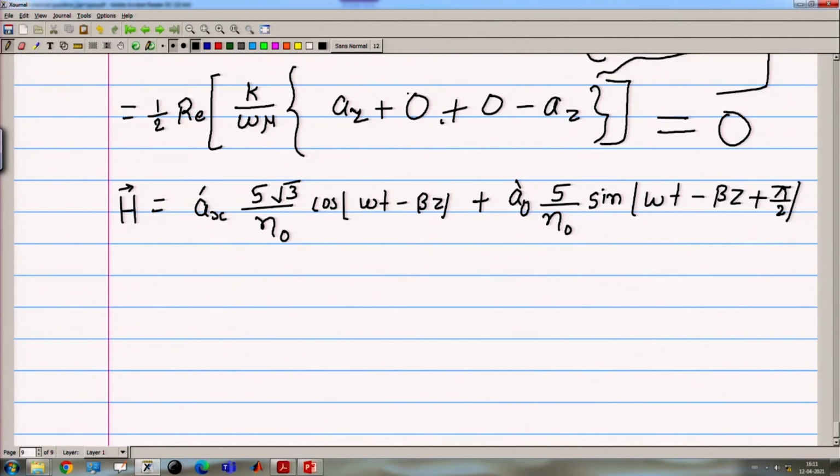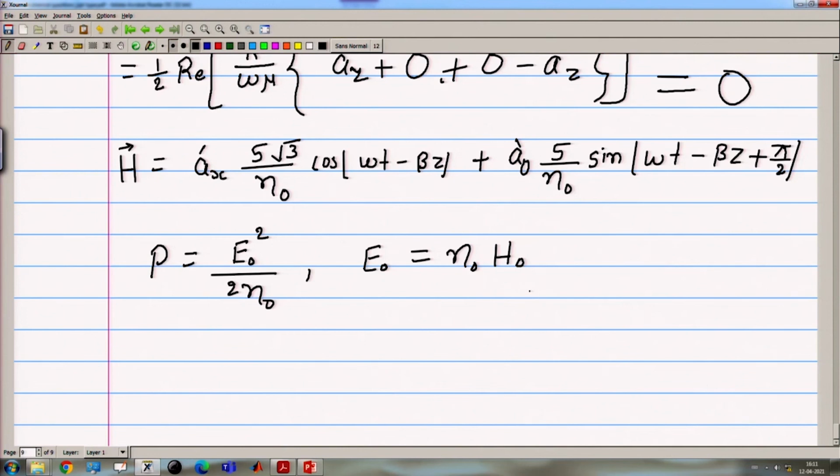So, time average power flow in free space, that we know is P equal to E naught whole square by 2 eta naught. We know E naught is equal to eta naught into H naught. So, we can substitute this, and eta will cancel, and this gives 1 by 2 eta naught H naught whole square.